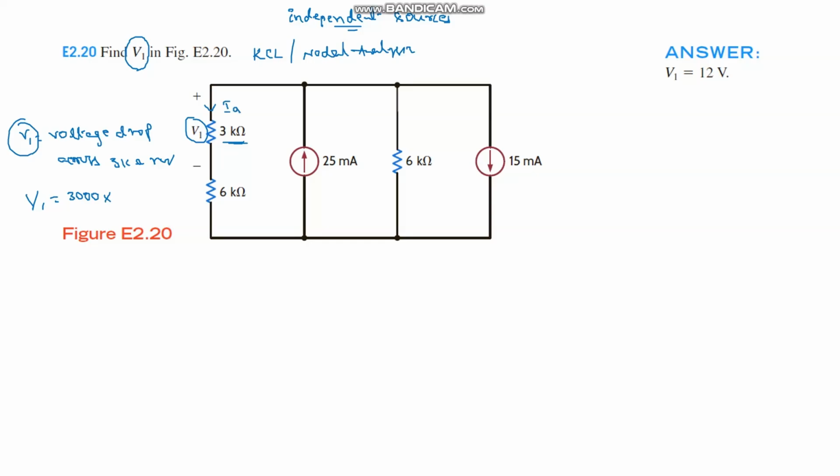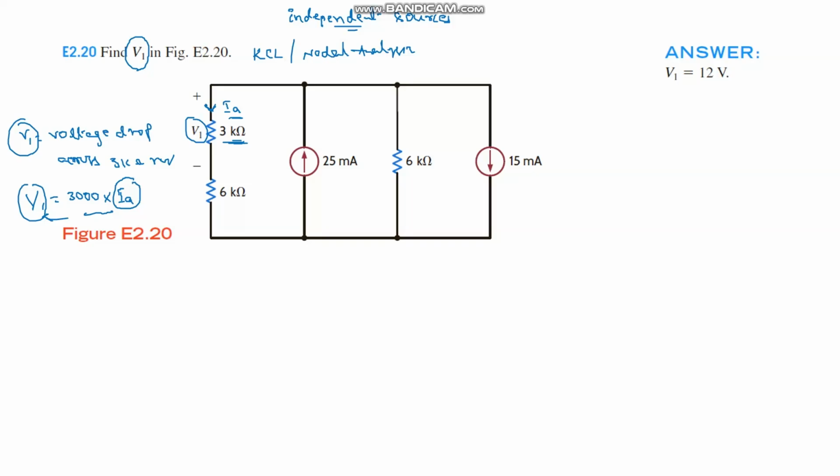Then we multiply 3000 with IA and we get the voltage drop V1.